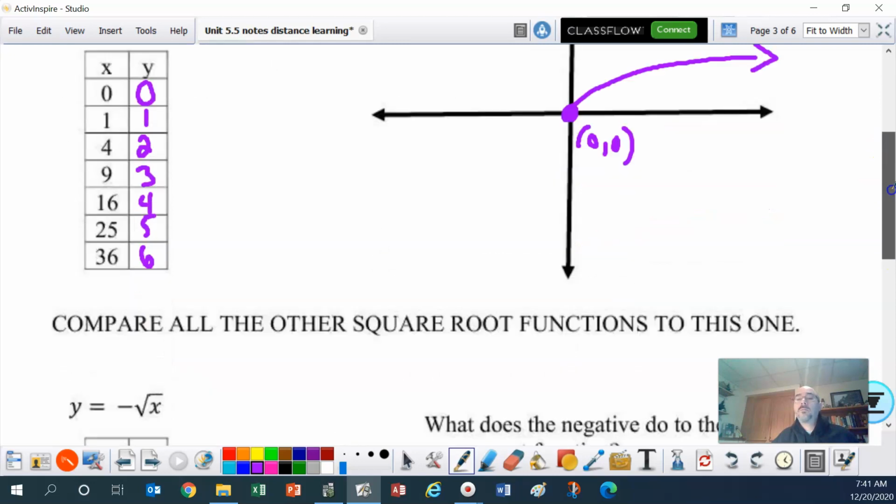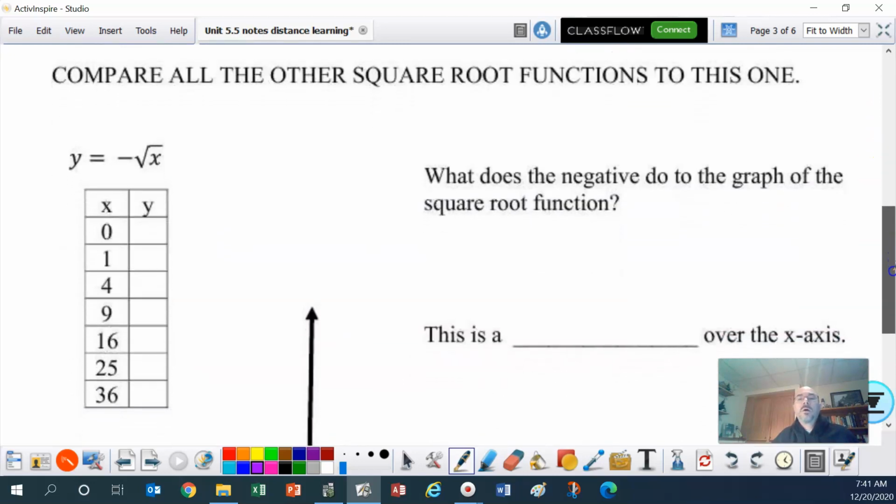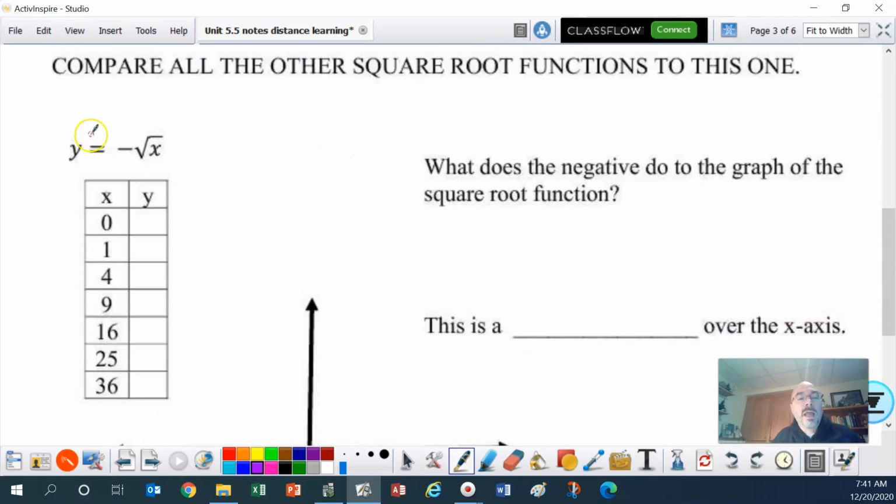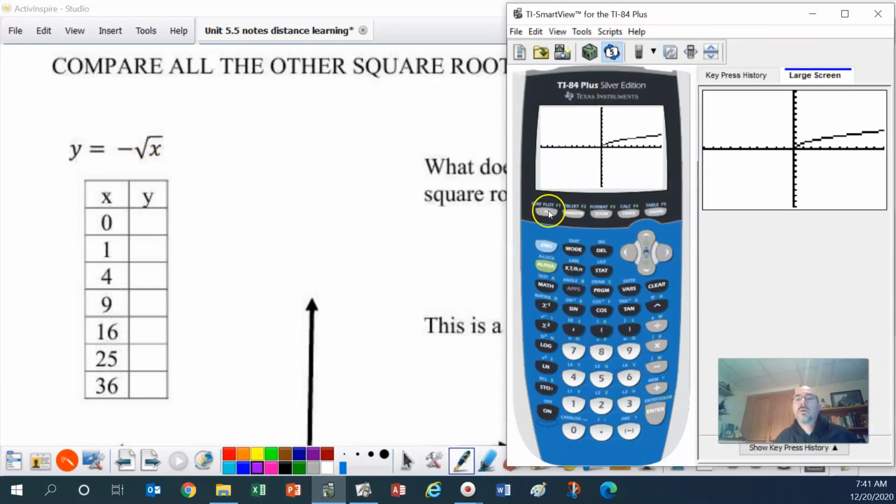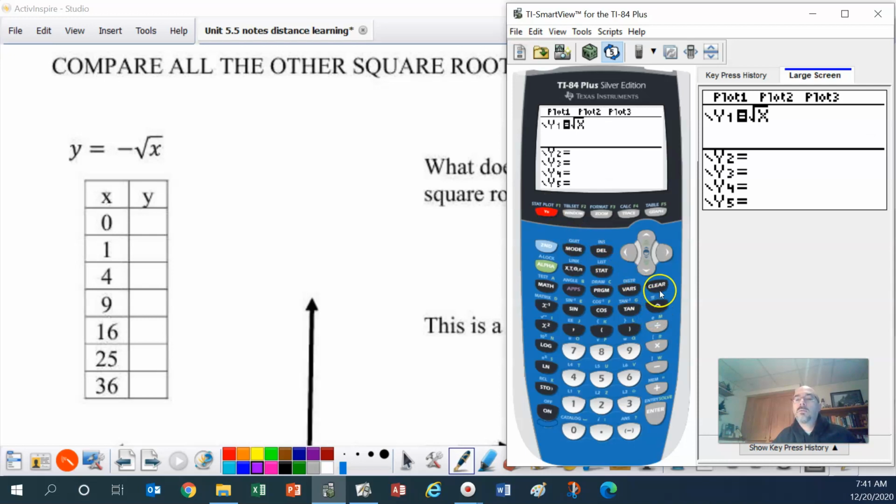Let's do a couple more. On this one, we're going to put a negative in front of the square root of x. So we're going to go to our y equals, and I'm just going to start over and put negative. Remember, the negative is under the 3. The square root of x.